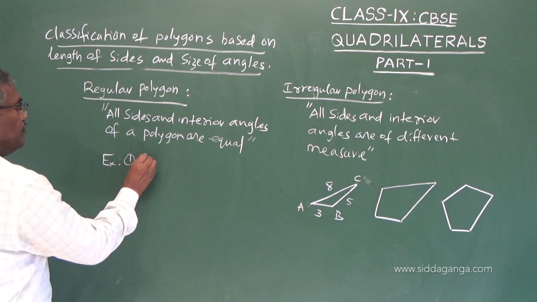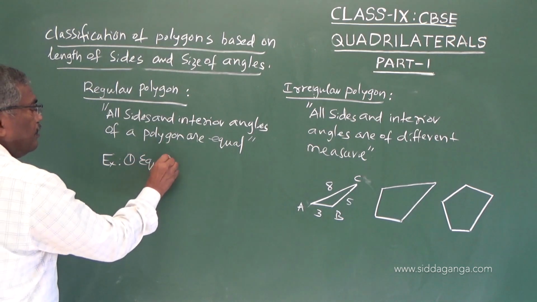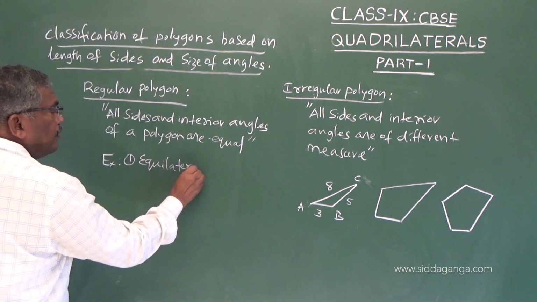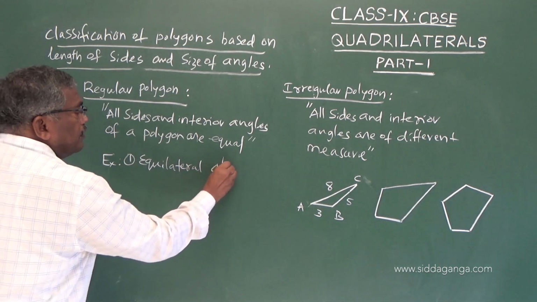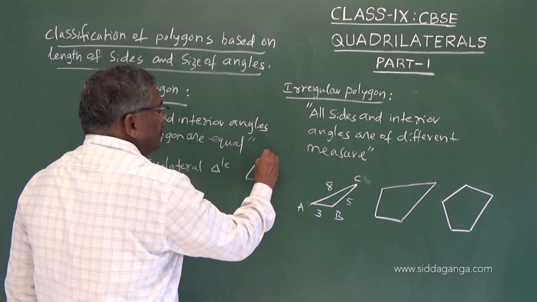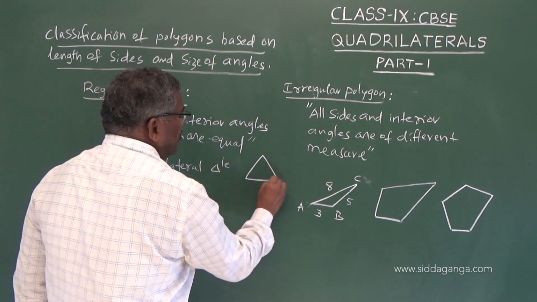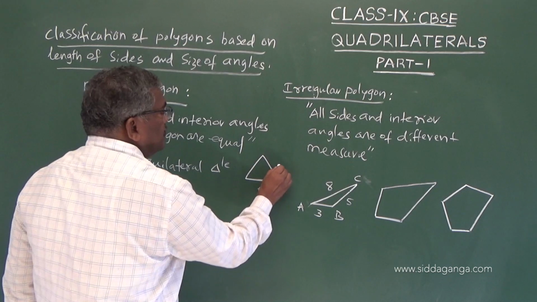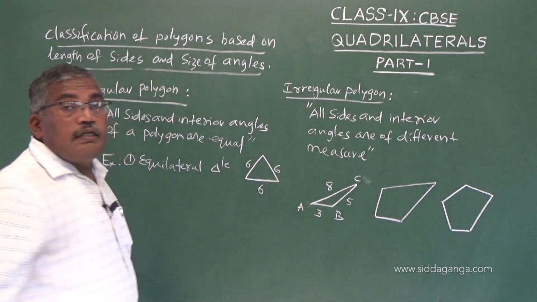So an equilateral triangle, example. You can write a small diagram also with, say, 6 centimeter side length.